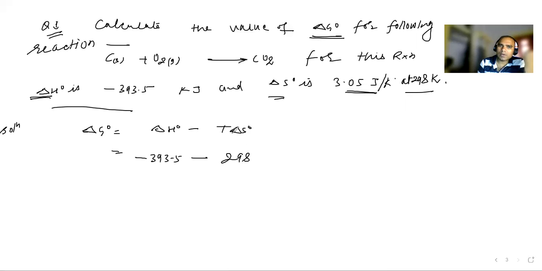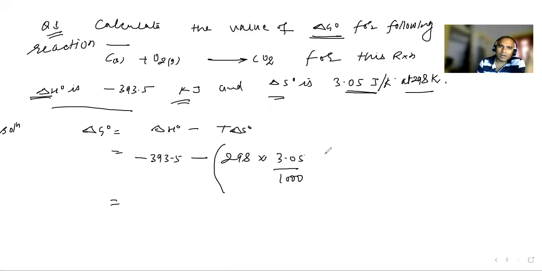Then T delta S: delta S is given as 3.05 joule per Kelvin. Because here the unit is kilojoule, we need to divide by 1000. Yes, 1000. So let us solve how much is coming.